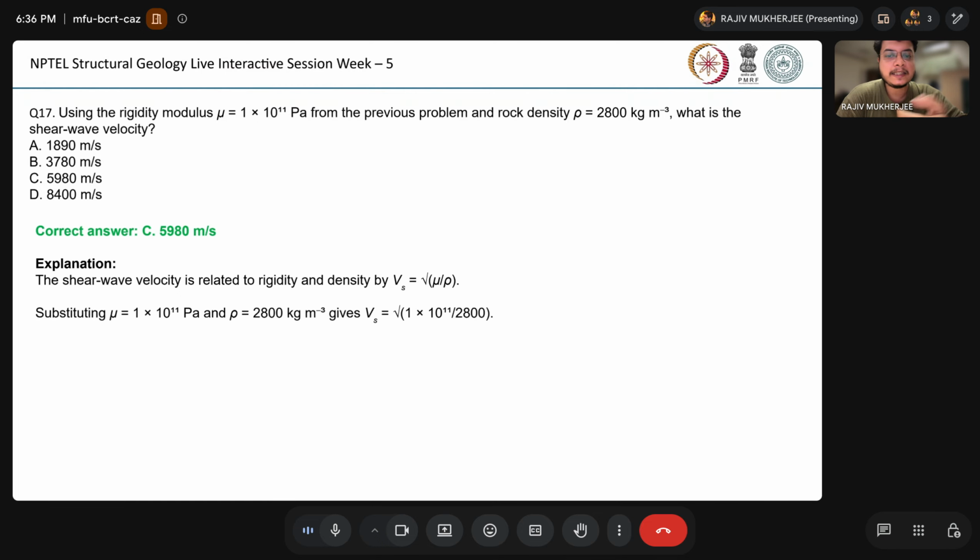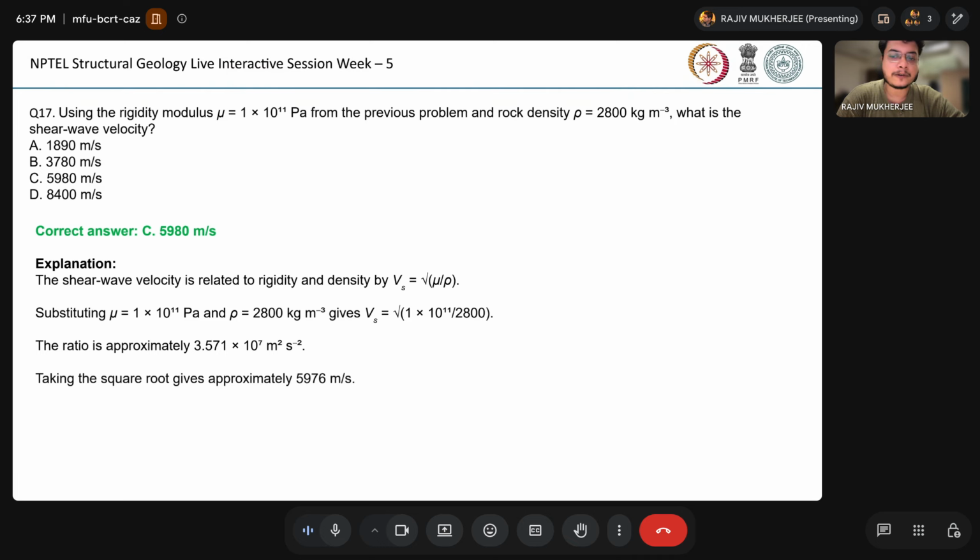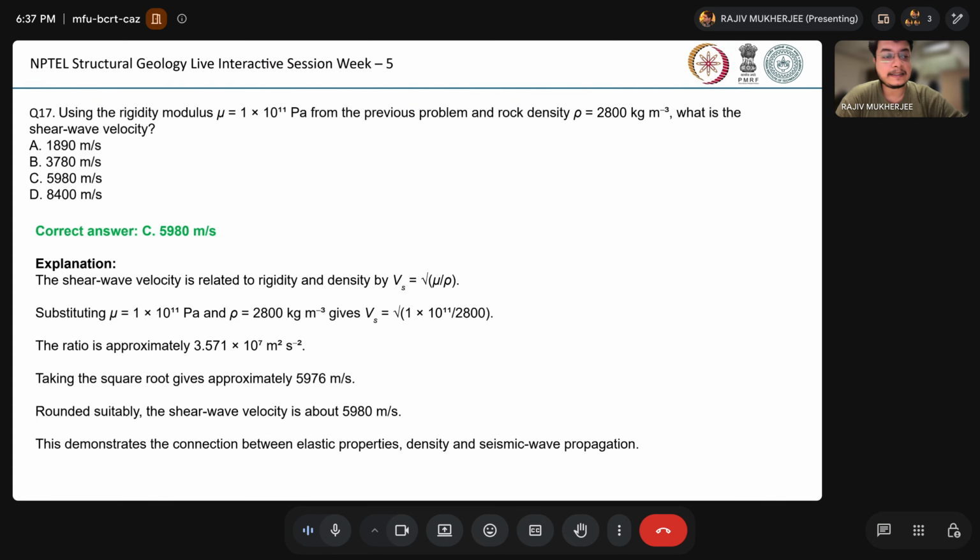Simply plugging in the values, we get the square root of 10 to the power 11 divided by 2800, and the ratio is approximately 3.571 times 10 to the power 7 meters square per second square, and taking the root of this expression gives us 5976 meter per second. So rounded suitably, the shear wave velocity is about 5980 meters per second, and this demonstrates the connection between elastic properties, density, and seismic wave propagation, right?